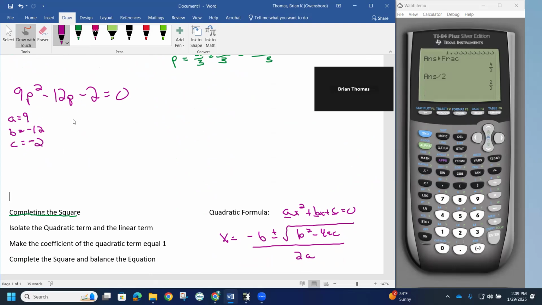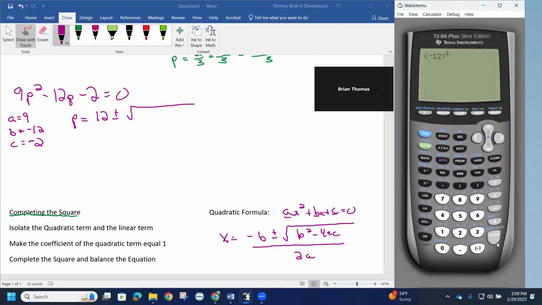So if we use the quadratic formula, I can say p equals, and the first thing it says to do is take the opposite of b. So the opposite of negative 12 is a positive 12, plus or minus the square root of, and then we have b squared minus 4ac. So negative 12 squared, if I put that in my calculator, I have to put the negative 12 in parentheses to do that correctly.